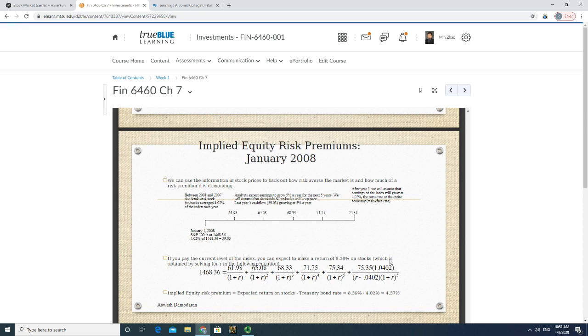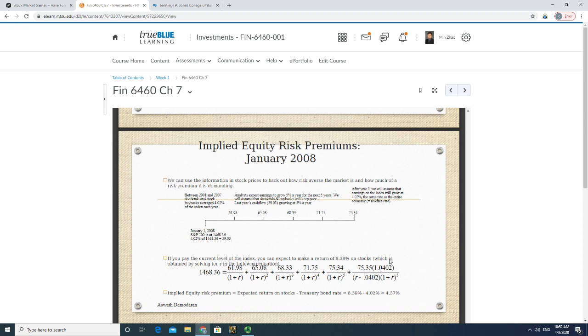Let's take a look at how we use this implied active risk premium method to get an estimation. Well, here's one example. Let's say we are in January of 2008, and we are going to use the two-stage model to estimate the S&P 500 index.